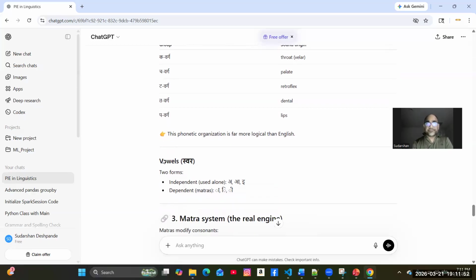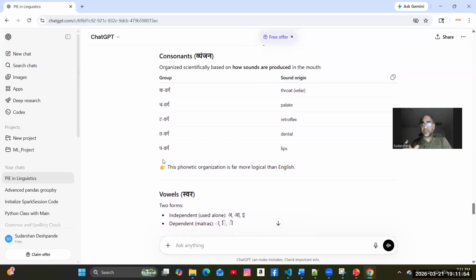Then there are some other letters. Y is used like a vowel and a consonant, and there are five letters like that which come after these five groups. Those are called ya, ra, la, va.